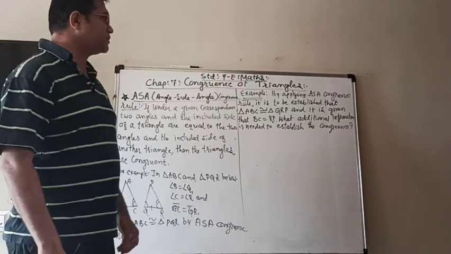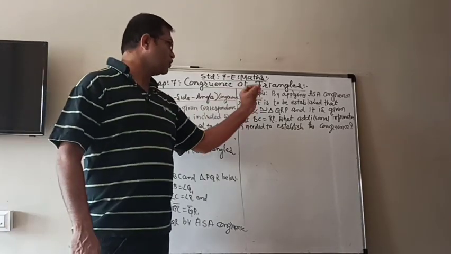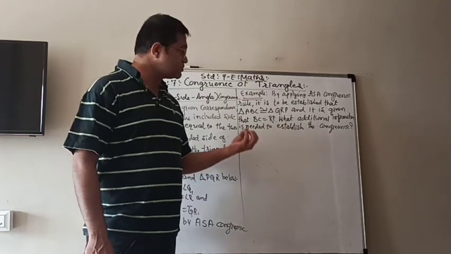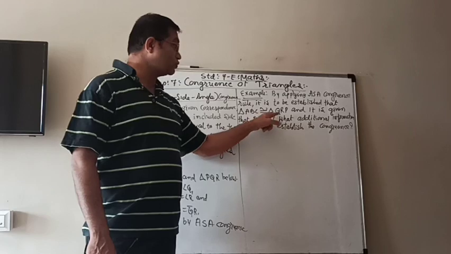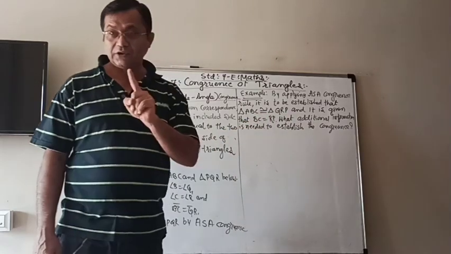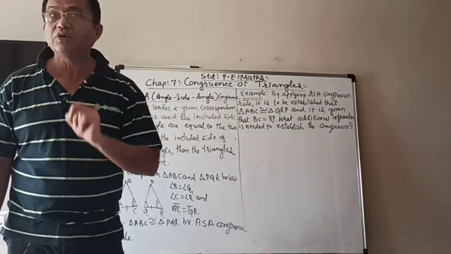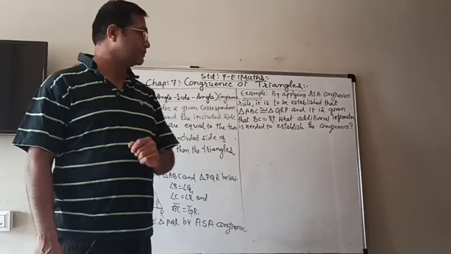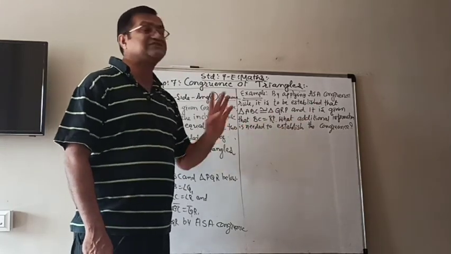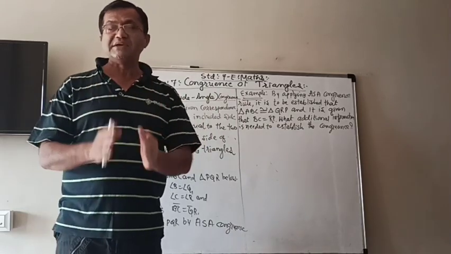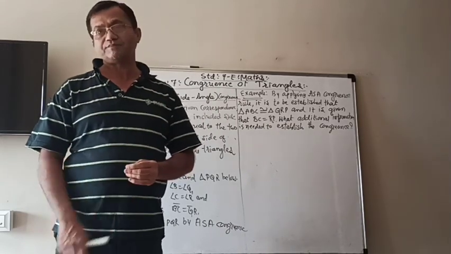By applying the ASA congruence rule, it is to be established that triangle ABC is congruent to triangle QRP. Look here, the triangle is QRP, not PQR. And it is given that BC equals RP. The only given thing is BC equals RP.